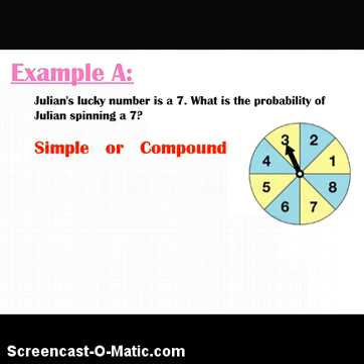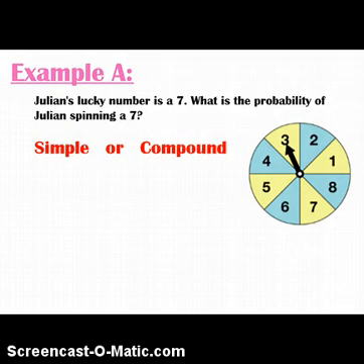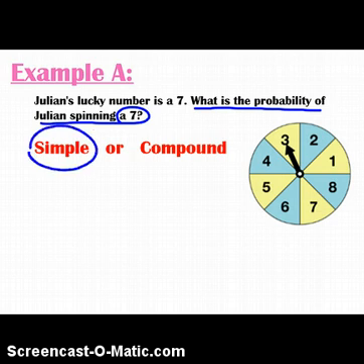Example A, Julian's lucky number is a 7. What is the probability of Julian spinning a 7? So I want to know the probability of you spinning a 7. There's only one thing happening here, so I know this is going to be simple probability. And keeping in mind that if only one thing is happening and it's simple probability, I only need one fraction. So I want to know how many 7s are on my spinner.